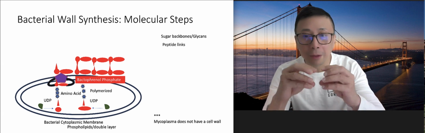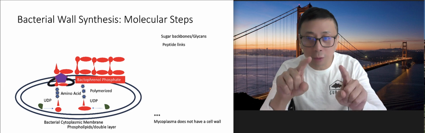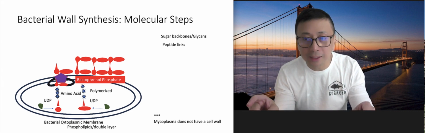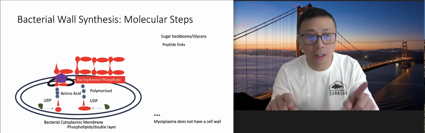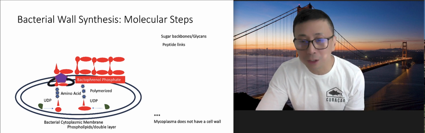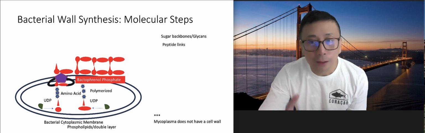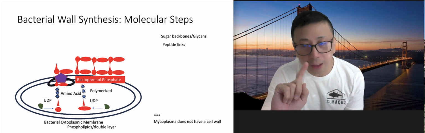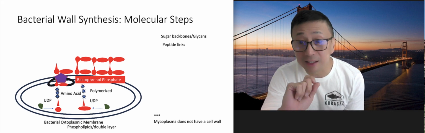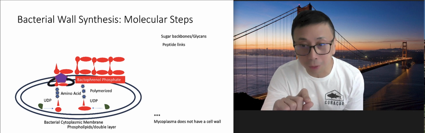So now they will be surrounding that cell with a lot of these sugar backbones. We call them glycans, right? So you have to remember bactoprenol phosphate, because it's really important to understand its role, okay?